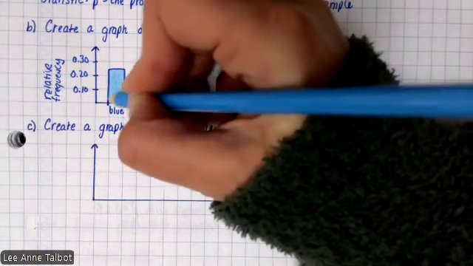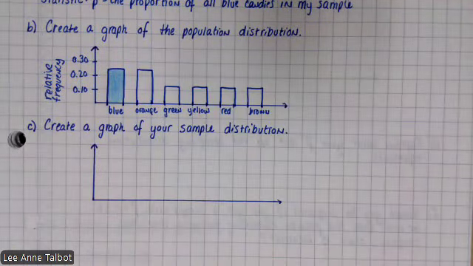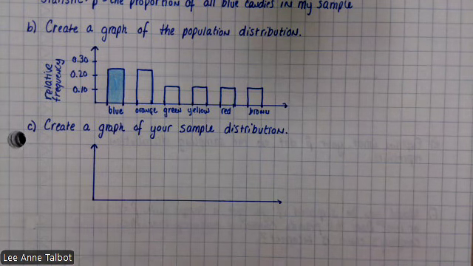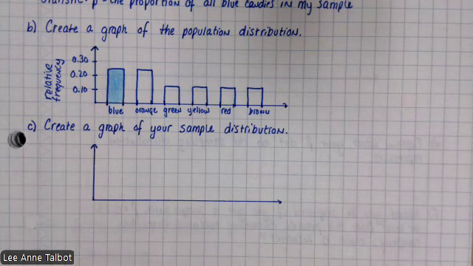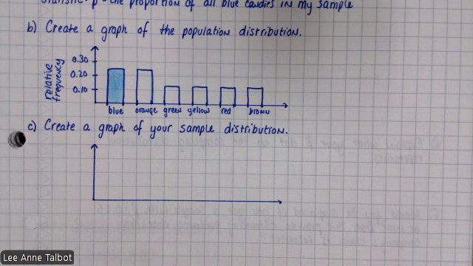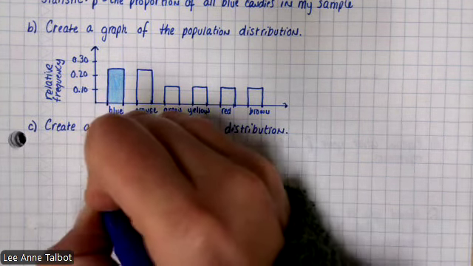Just gonna color in the blue one because that's what we're interested in today. Okay, now everyone in the class is gonna have a different sample distribution. You're going to have to calculate your proportion out of 20.